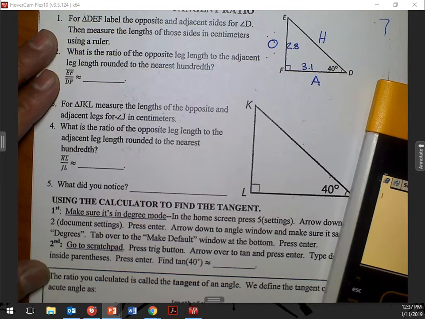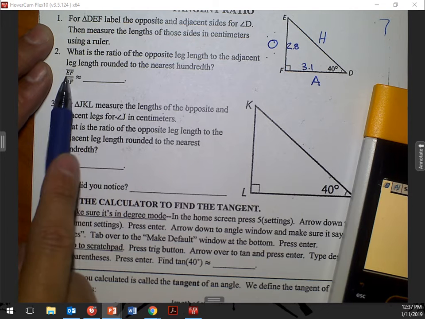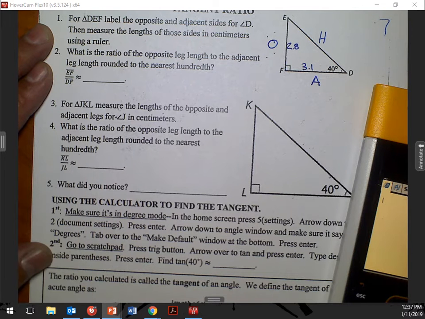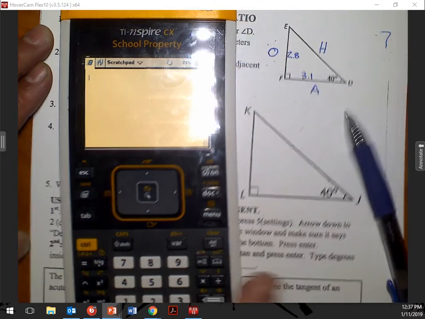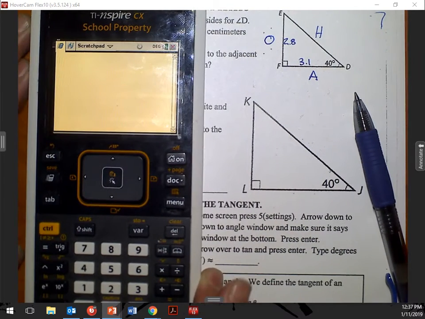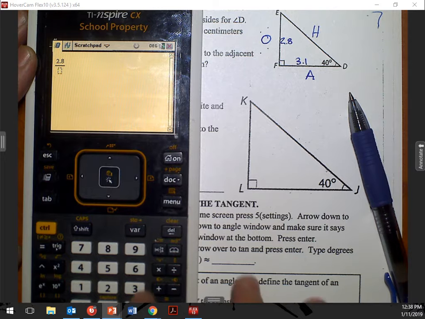It says opposite over adjacent, right? Even here, EF over DF. So it is going to be 2.8. Can you guys see that there? I know there's a glare. So 2.8 divided by 3.1. Okay, so it's going to be 0.90, right? Yes. Okay, good.